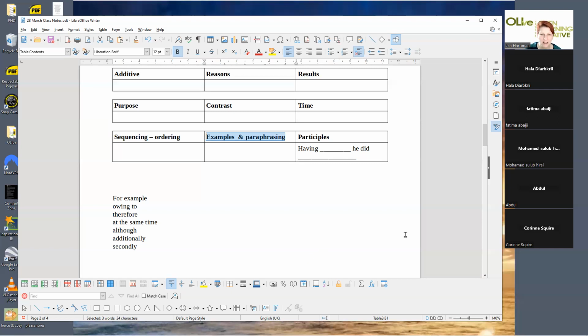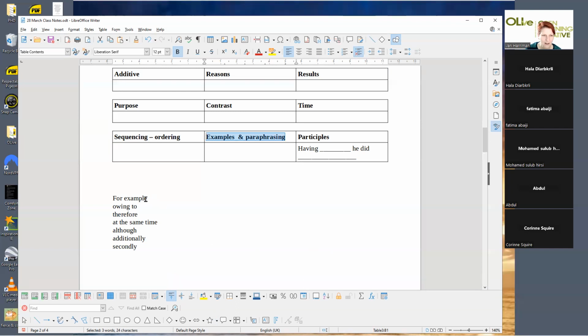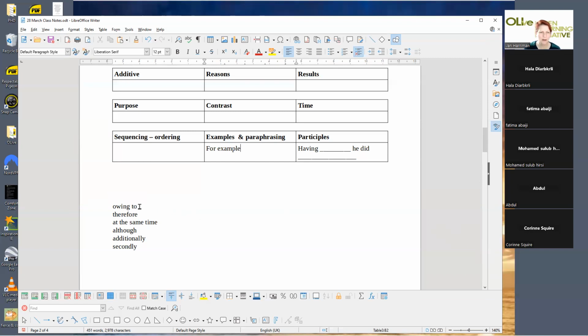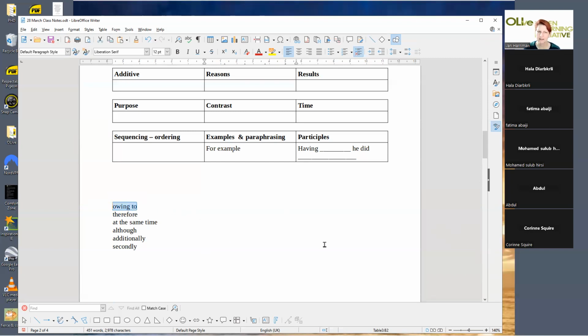Okay, so I've got some words at the bottom of the screen. Where are those words going to go? Examples. Precisely. We've got it right there. Exactly. How about owing to? Where's that going to go? Participles?